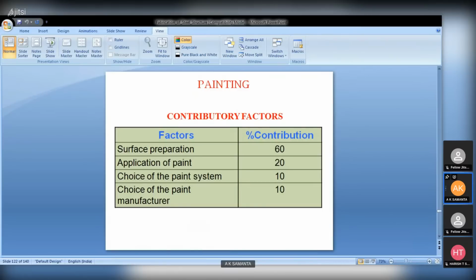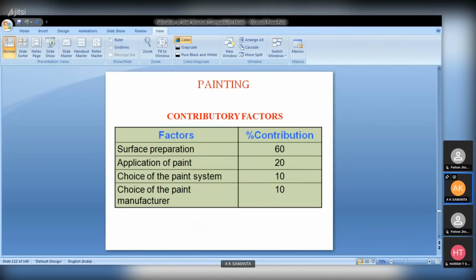And after that, how we apply the paint: immediately after surface preparation, at least a primer we have to apply, because if after preparation of the surface we don't apply the primer, again moisture will ingress on the surface. So normally in our culture, suppose a structure is at an open site, some labor is cleaning the surface today and primer will be applied tomorrow.